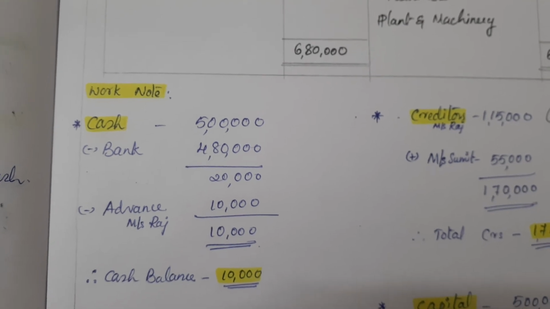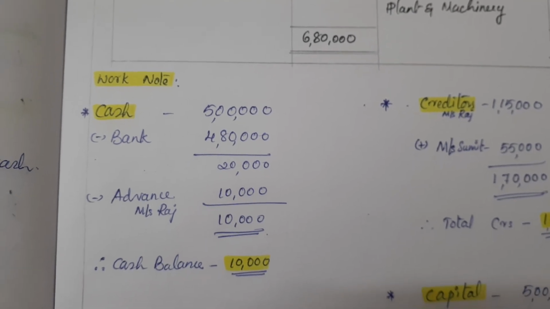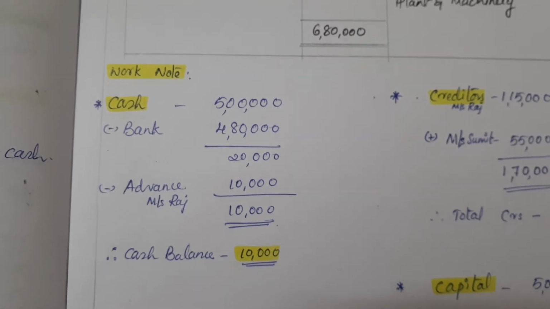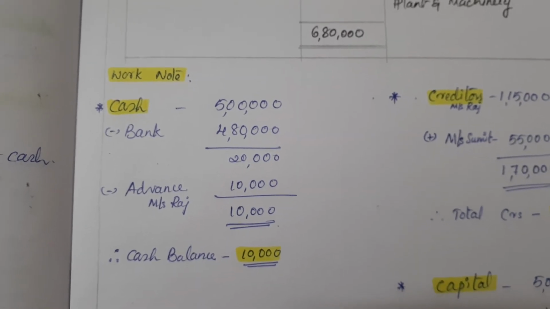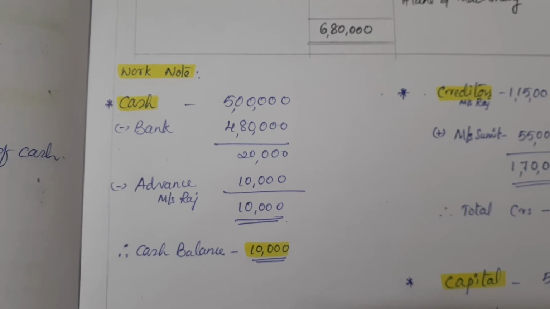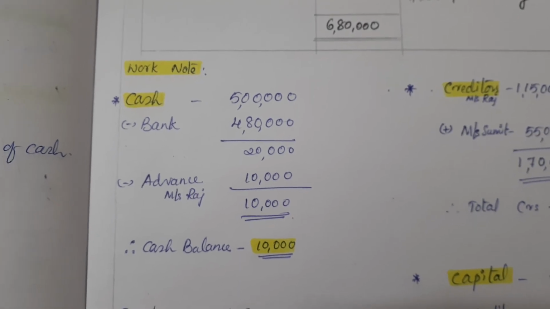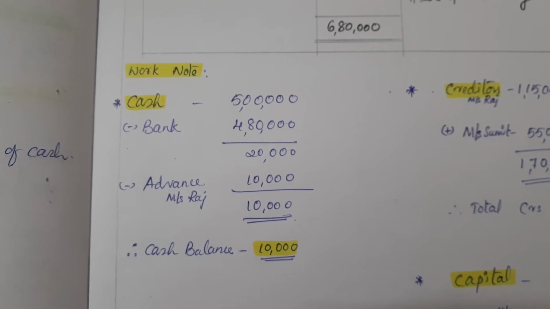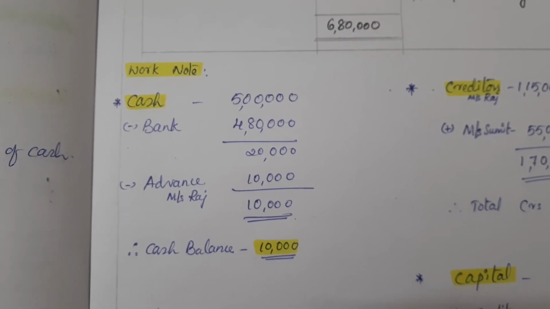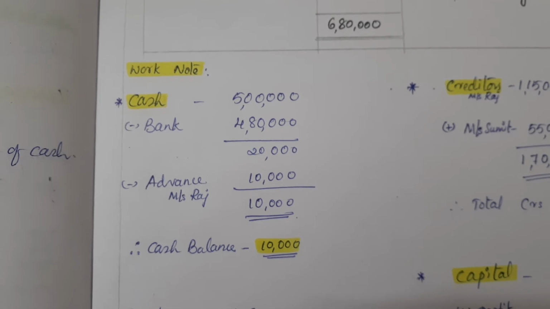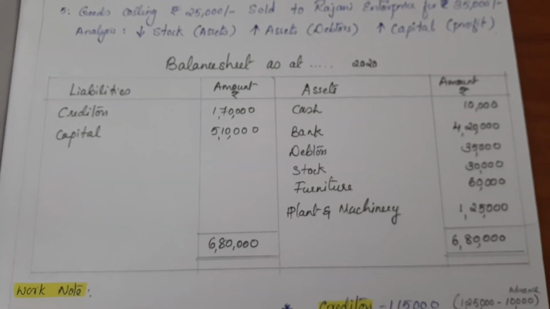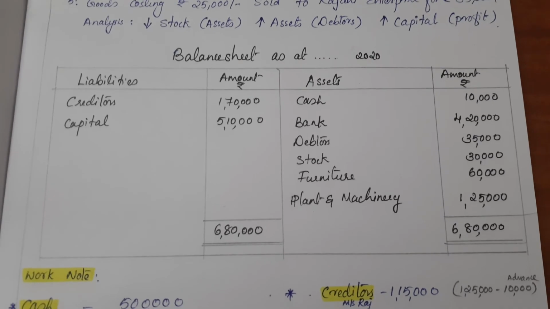From that 5 lakhs, we have deposited in the bank 4,80,000, right? So the difference is 20,000. We had 20,000 as cash, but later we had paid an advance amount of 10,000 to Miss Raj. So we are deducting that 10,000, and the balance is only 10,000. So we have 10,000 as cash balance, which we are mentioning here in the balance sheet.